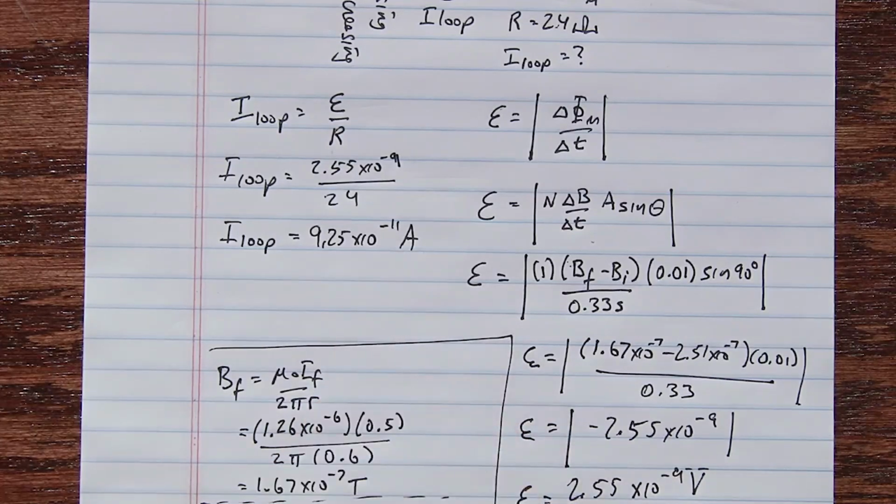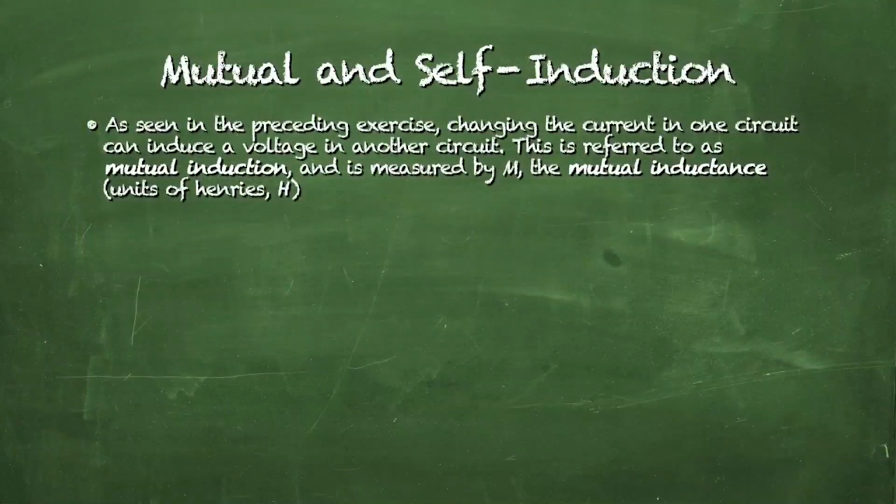As we saw in the preceding exercise, changing the current in one circuit can induce a voltage and a current in another circuit. This is referred to as mutual induction, and it's measured by capital M, which is the mutual inductance between the two circuits.